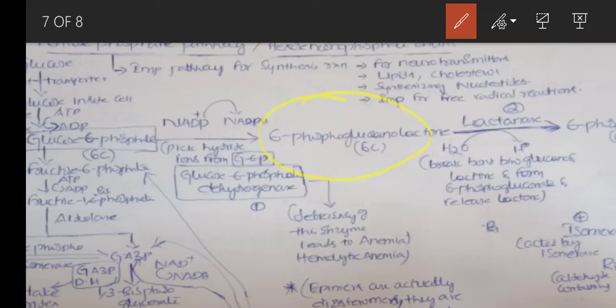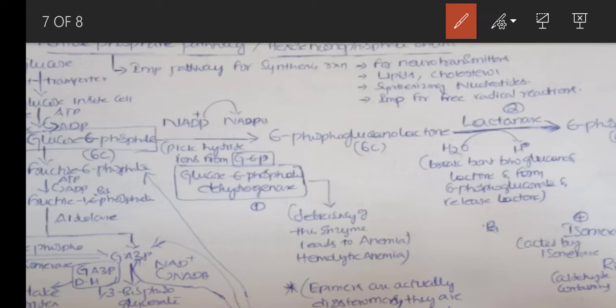This is the first intermediate formed from the starting material, glucose 6 phosphate. How will it form? There is a very important enzyme, glucose 6 phosphate dehydrogenase. The deficiency of this enzyme leads to hemolytic anemia. This enzyme will convert glucose 6 phosphate into 6-phosphogluconolactone.